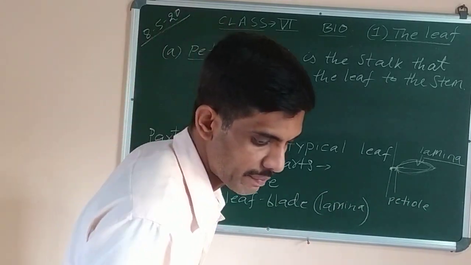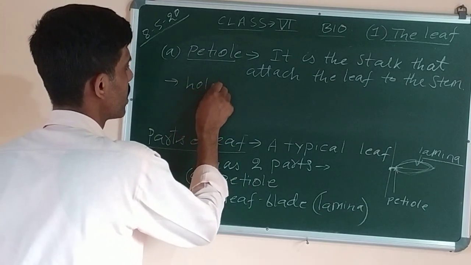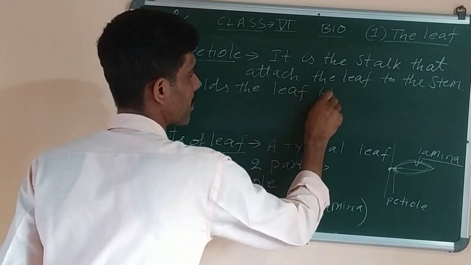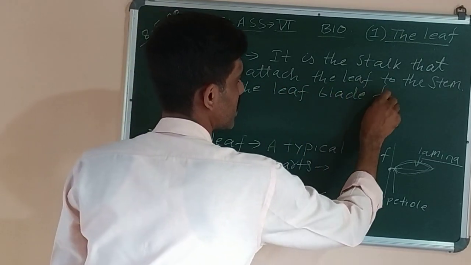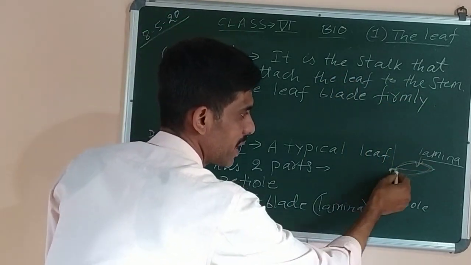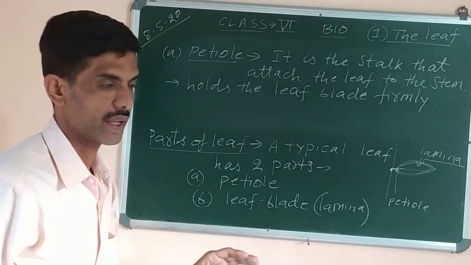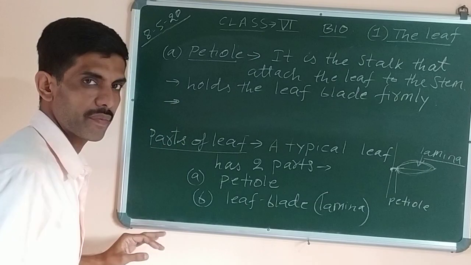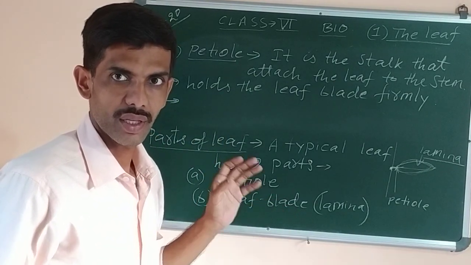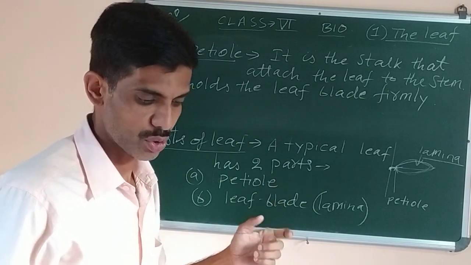So second you can write, it holds the leaf blade firmly. Petiole holds the leaf blade firmly, F-I-R-M-L-Y, firmly means tightly. Because this leaf blade is there, it is the stalk or the petiole which holds it tightly. And the third point you can write, it is the petiole which gives strength to the leaf so that they can remain attached to the stem.